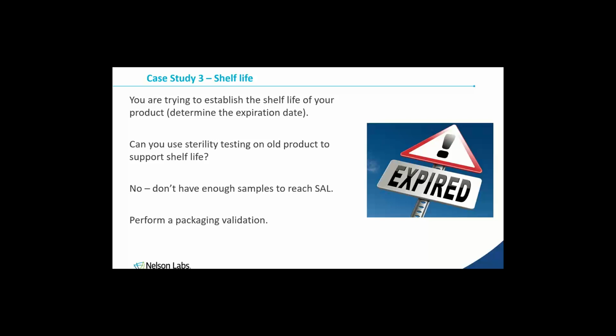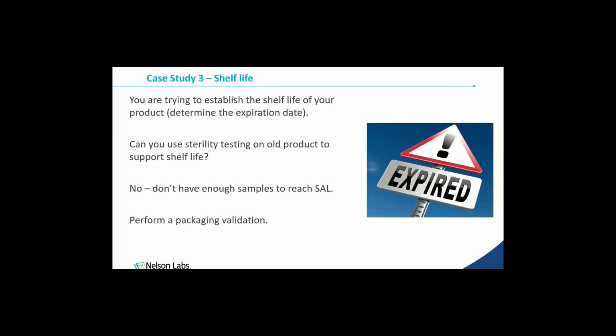So if it's sterile, and I've shown it's sterile, then I'm not going to suddenly have that organism show up. Where I'm going to get that organism is from a failure of my sterile barrier system, my packaging. Those are event related. Something's going to happen to cause me to lose sterility, which means I have to have a failure of that barrier. So that's where this packaging testing comes in.